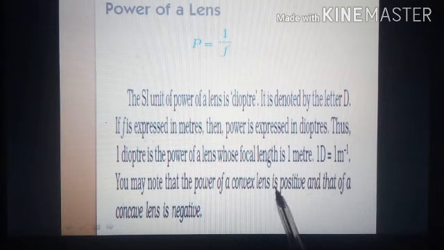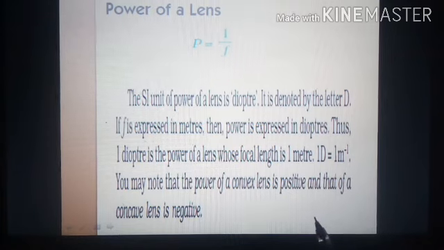So it is always positive. For a concave lens, the doctor tells you the power of your lens. If you use a concave lens, the power will be like minus 0.5, minus 1, minus 1.5, minus 0.75 diopters. So here minus means we are using a concave lens, and plus means we are using a convex lens.